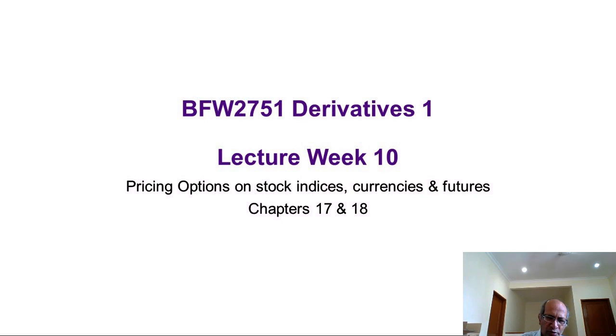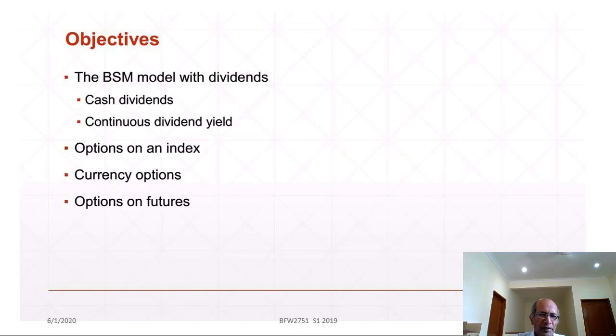We're going to look at it in two ways. There's a model with cash dividends, given to you in dollars and cents at periodic intervals. And also, what happens if there's a dividend yield on a continuous basis in percentage terms? How do you adjust for it? This is a very important part of this lecture.